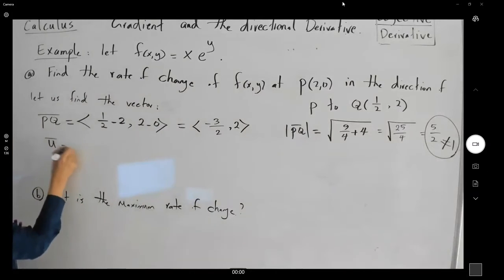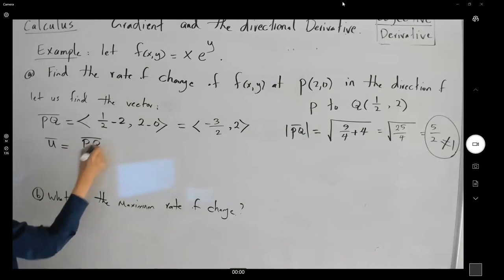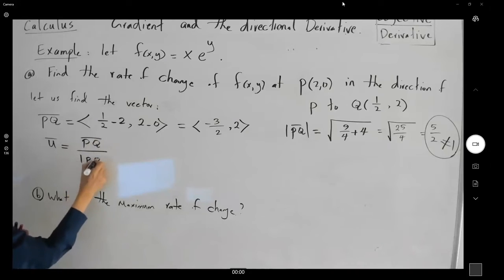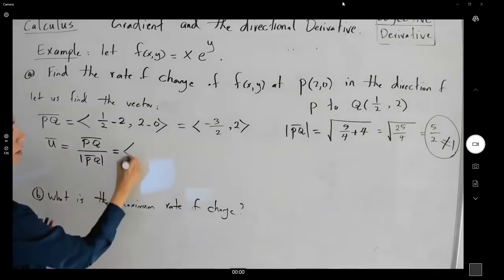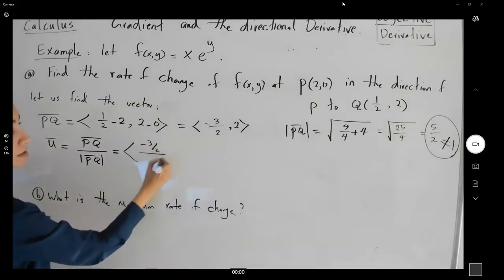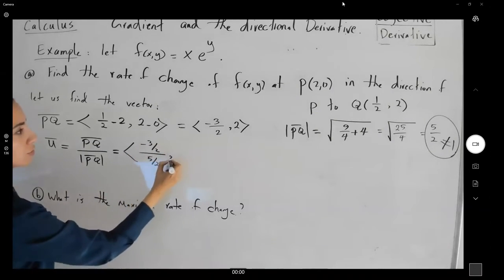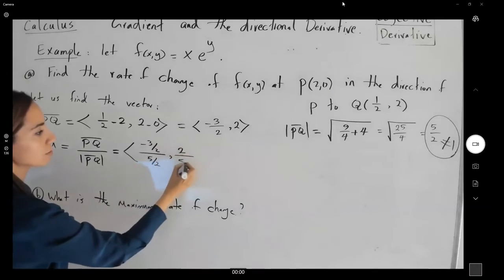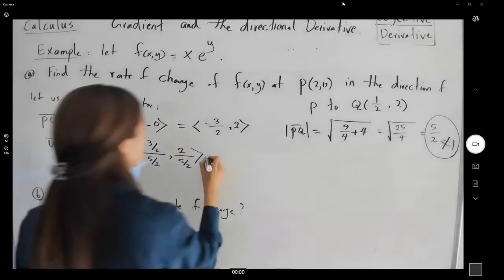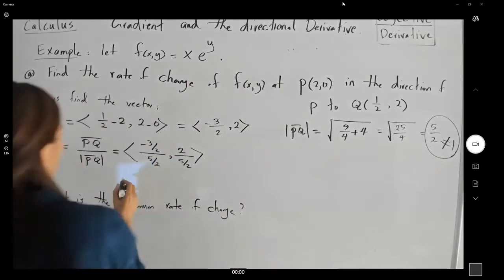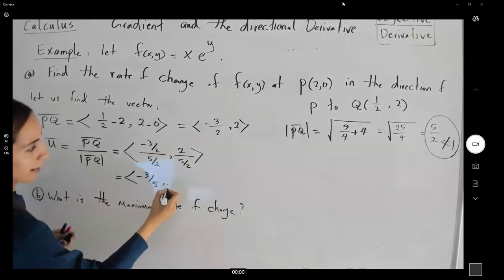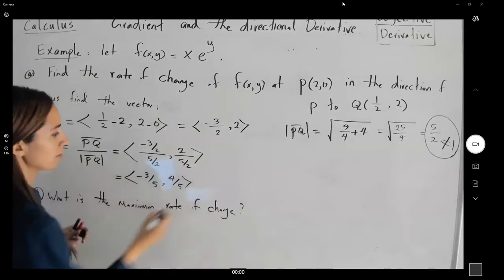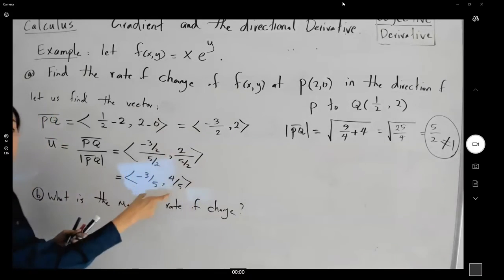U is equal to PQ divided by the magnitude of PQ. So here I have negative 3/2 divided by 5/2 and 2 divided by 5/2, which is equal to negative 3/5 and 4/5. This is my unit vector.